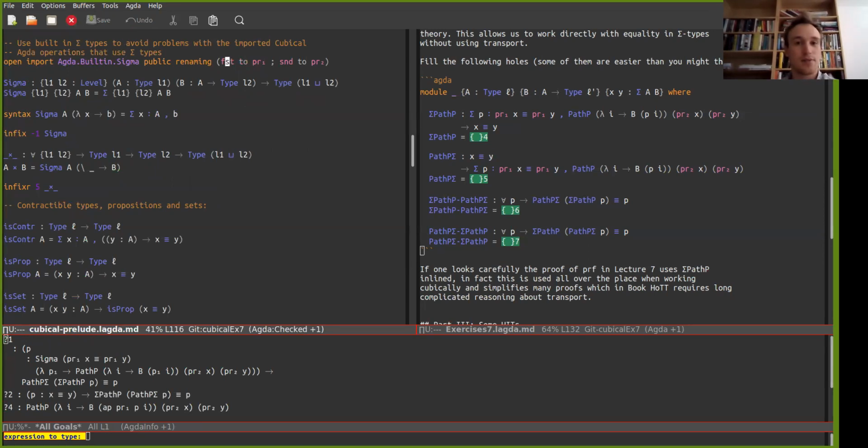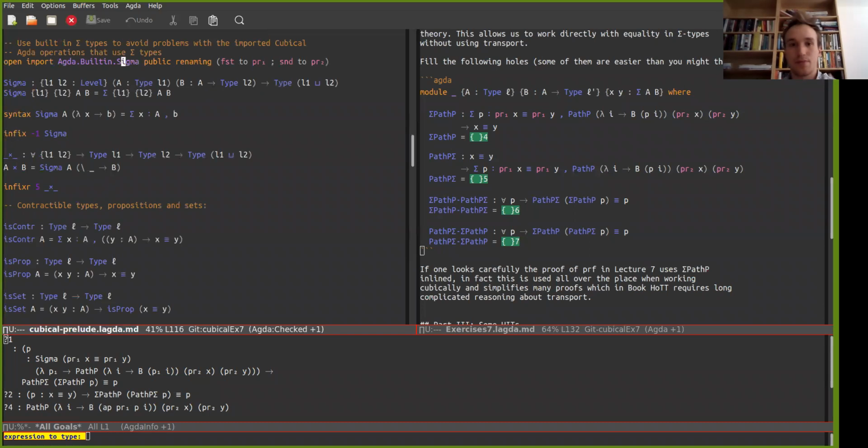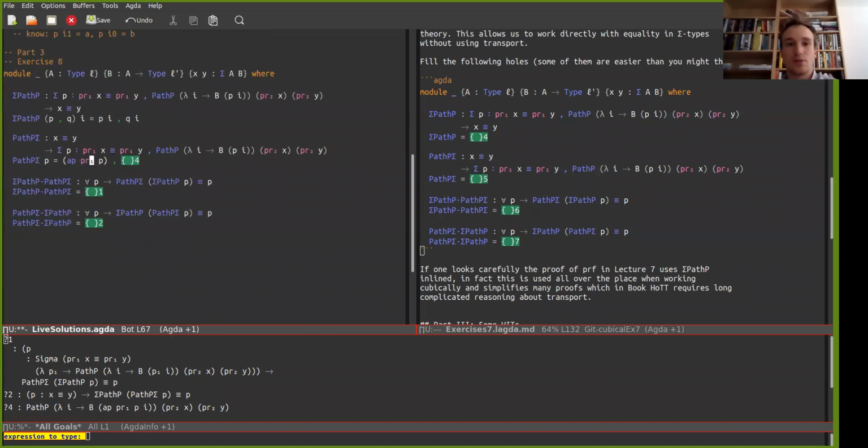The nice thing is that Agda just treats this field variable as a function from the sigma type into the A. Yeah. No, there's some suggestion. Yes, so I'll copy it from the chat.